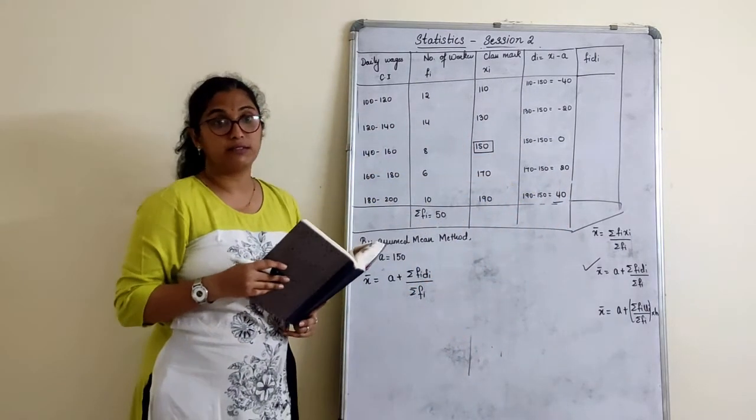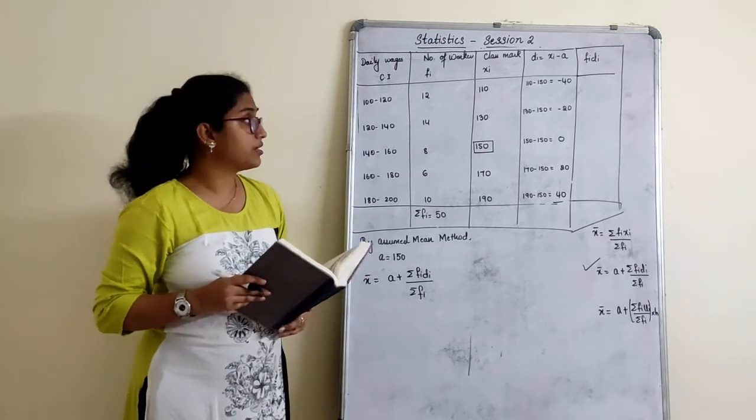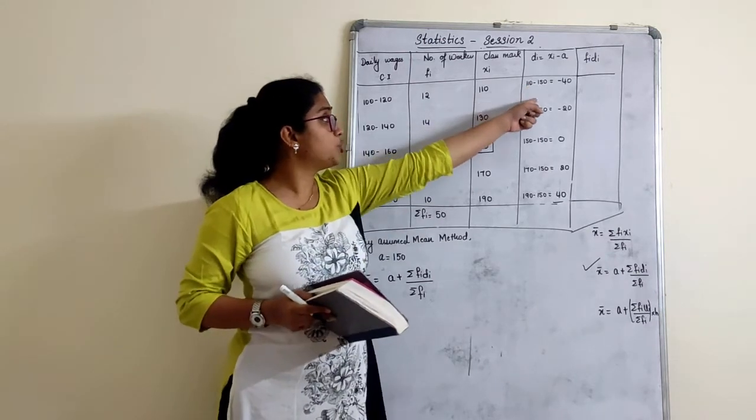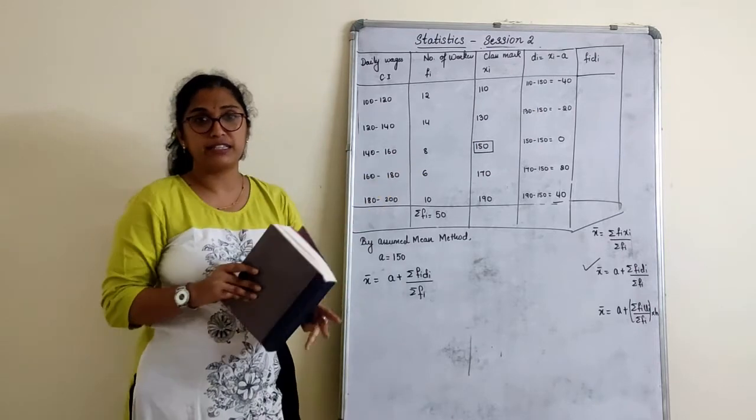This is how you get it. Keep it as it is, what you have got. From the next sum onwards, I will not show this. Only for the first sum, for your reference, I have shown.